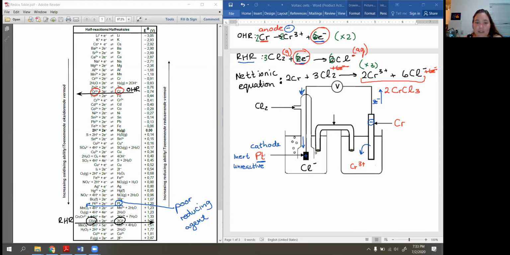All right, so a spectator ion, I covered the idea of a little bit in the last lesson on Tuesday. A spectator ion is a substance that's involved in a reaction that doesn't change its oxidation numbers. In this particular case, we didn't actually have any spectator ions because those would join together. So it's chromium and chlorine going to form chromium chloride.